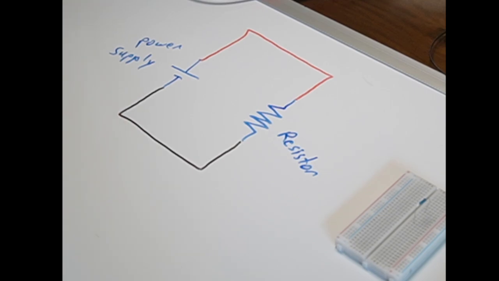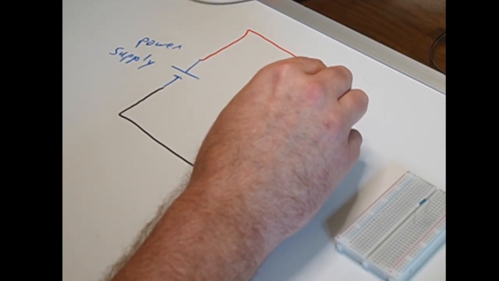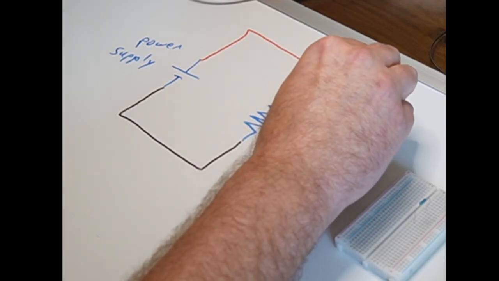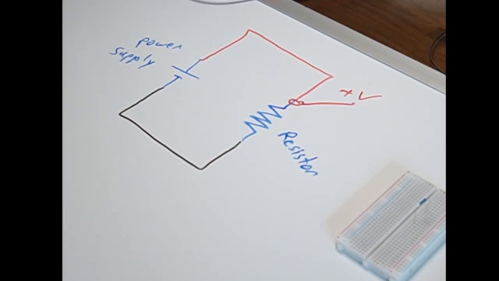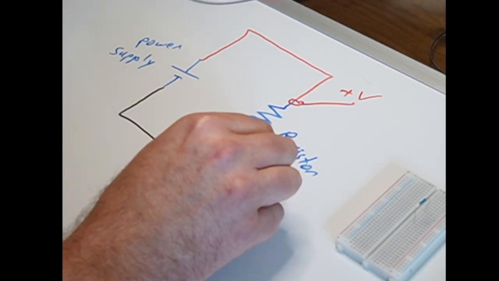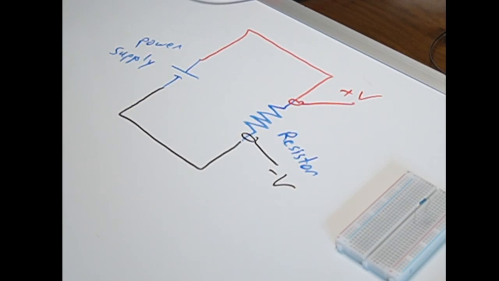Now, the voltmeter is nice and easy. We can connect it in parallel. And so let's go ahead and do that. So this is going to be the voltmeter. We're going to connect to one part of the wire right here. This is going to be our positive voltmeter measurement, and then we're going to connect to the other wire with the black end right there, and this is going to be our negative voltmeter measurement.